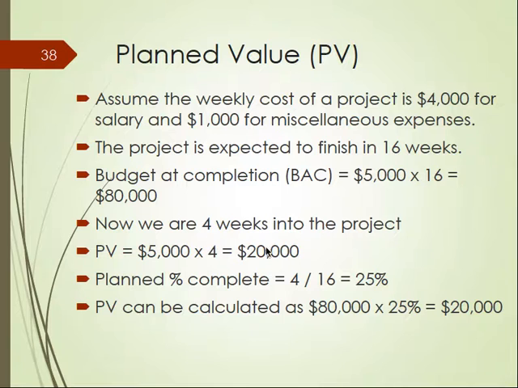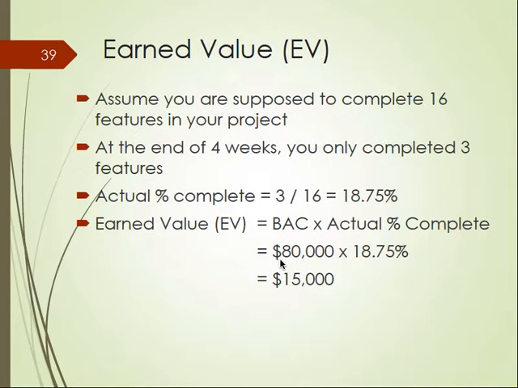So these are two different ways to get at the same planned value. Planned value is used to say at any point in the project how much value you are expected to have invested in the project.